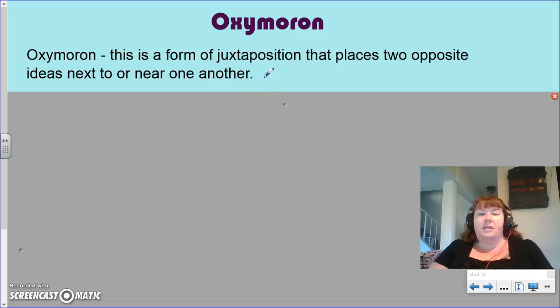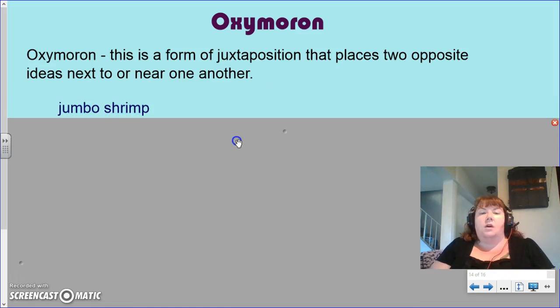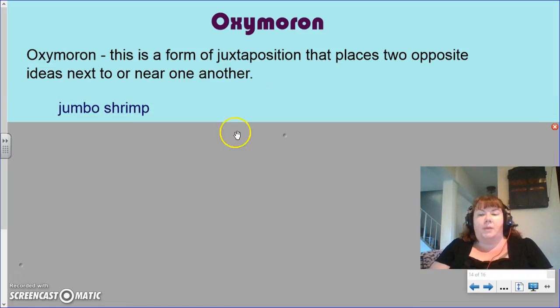It's not necessarily in a parallel fashion, but because they are next to each other or near in proximity, it fits as a syntax aspect. So a couple examples. Jumbo shrimp. Jumbo meaning large, shrimp meaning small. So it is those contrasting ideas and those opposites in there.